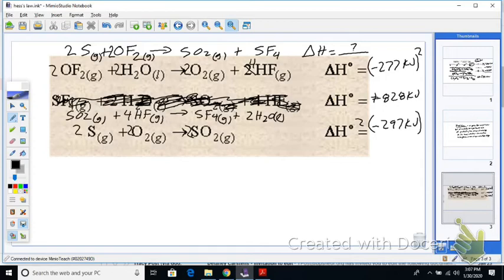Okay. So, we got 2 sulfurs, that's okay. The Os, we got 2 of those, that's fine. The SO2, that one's fine, isn't it? We got 1 SO2 on the left, and then this one we have 2.